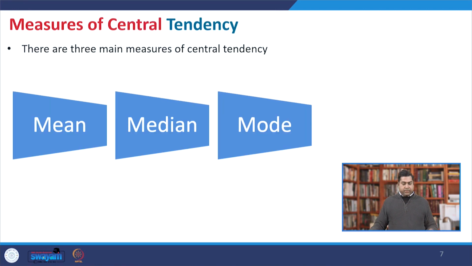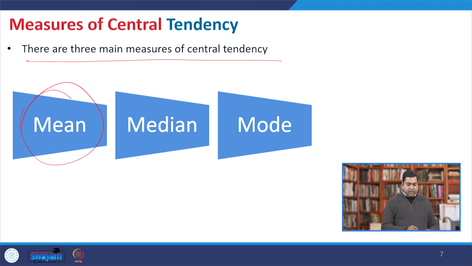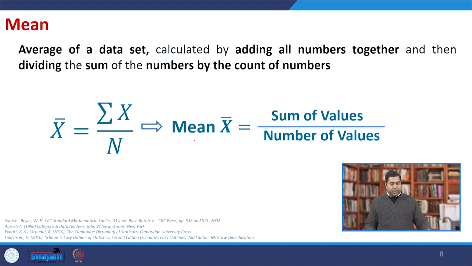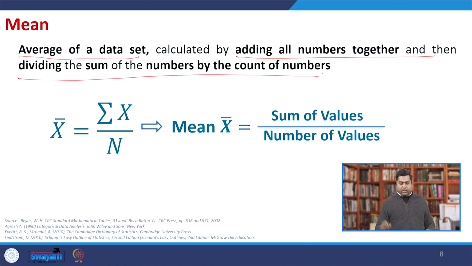We will move forward to this particular slide, measures of central tendency. There are three main measures of central tendency: mean, median and mode. Okay, we will learn one by one. So, what is mean? This is the average of a data set calculated by adding all numbers together. First you have to make a summation and then divide that sum by the total count of those numbers.